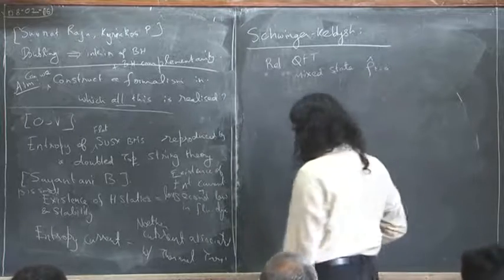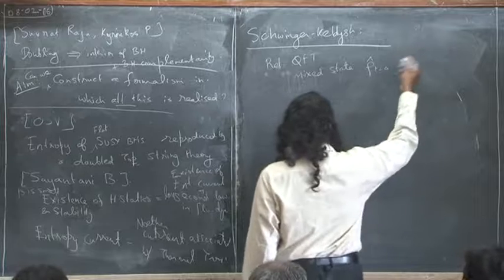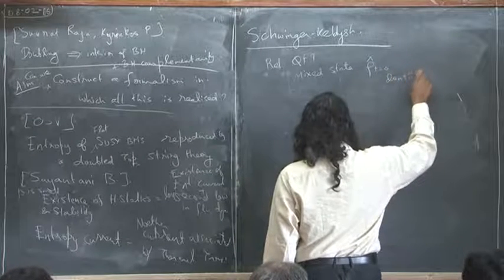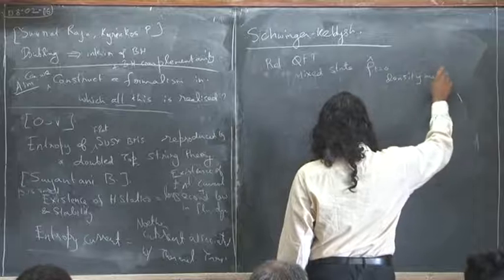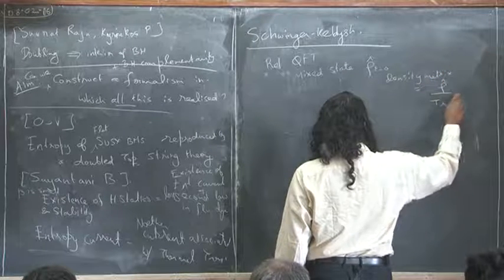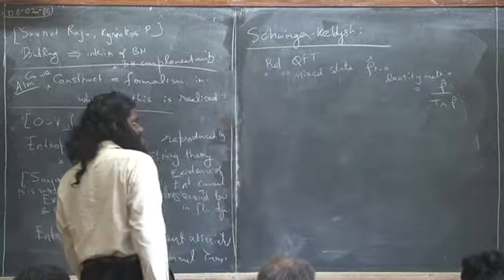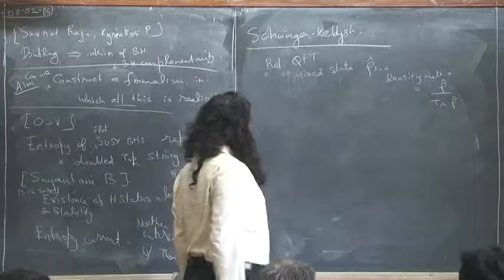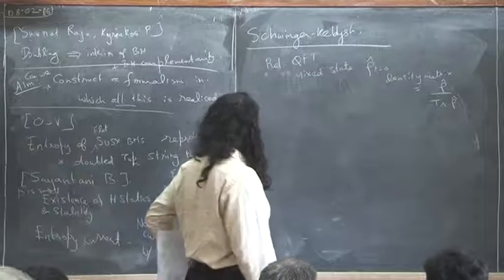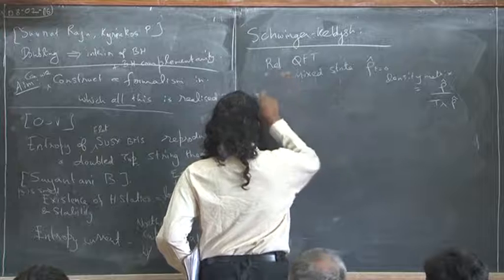This might be normalized or non-normalized. For example, for thermal states, it's easier to take e to the power minus beta H, which you can normalize to get the actual density matrix. So you have a mixed state denoted by rho hat at t equal to 0. Then you're interested in correlators.